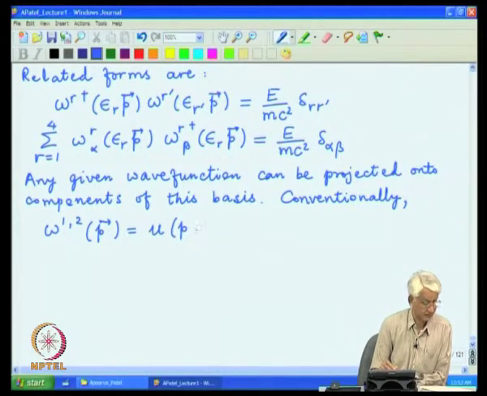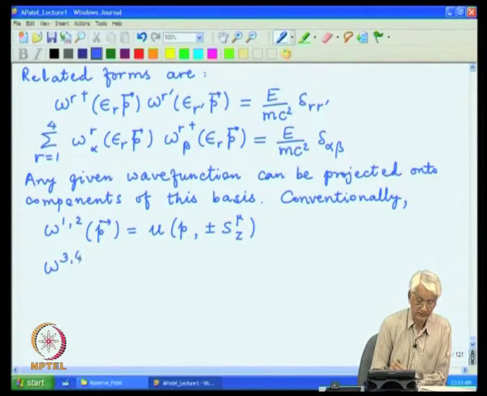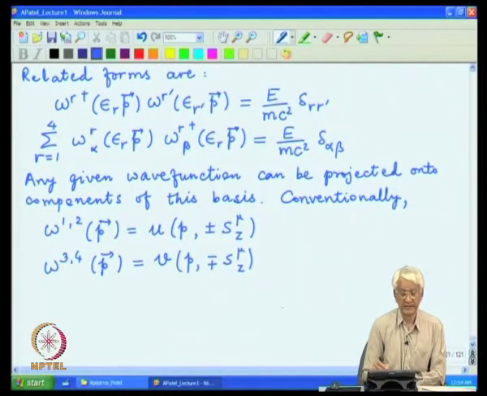They correspond to some momentum, and the spin can be the Lorentz transformation of whatever is the S z in the rest frame, and similarly the lower components are denoted with the notation V, which is the same thing, but the convention is to flip the sign of this S mu z.